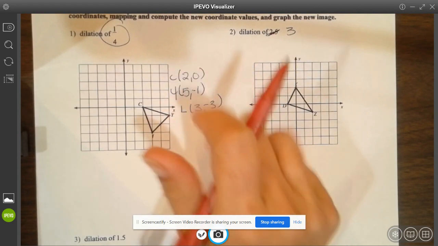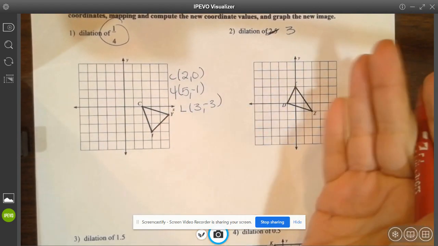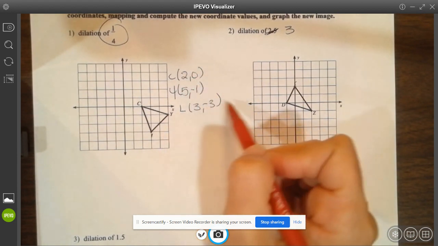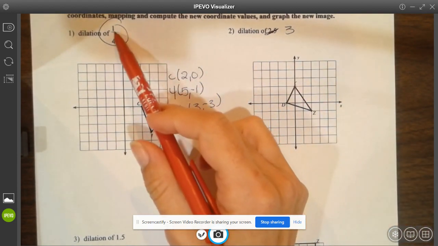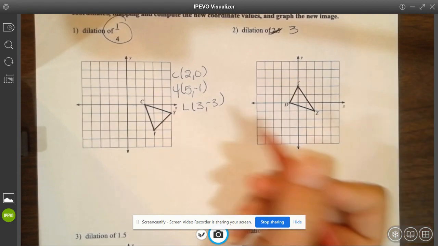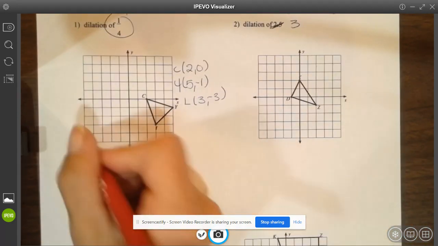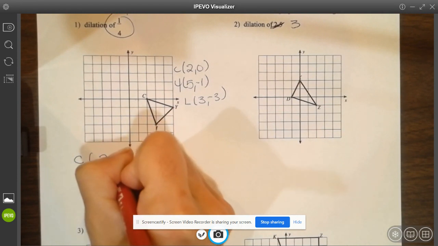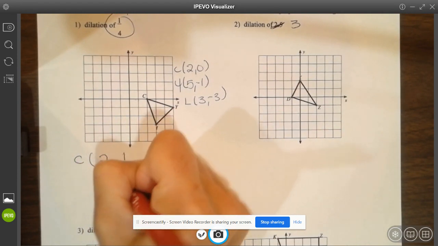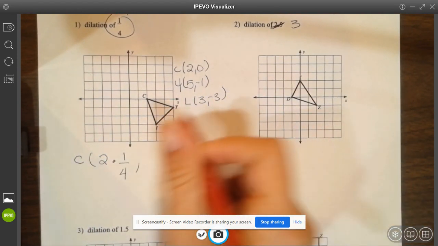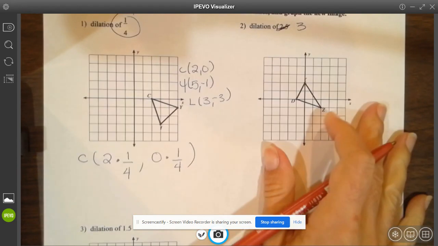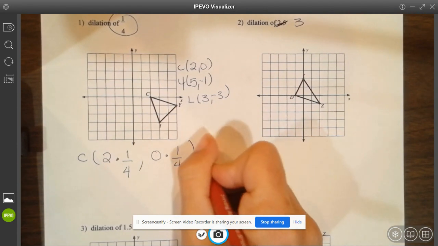Well, we just have to divide this by a quarter. Multiplying by a fraction is like dividing, right? So each of them is going to be multiplied by 1/4. So let's do it here. That's C, and then 2 times 1/4 is my x, and then 0 times 1/4. That's my first point, okay?